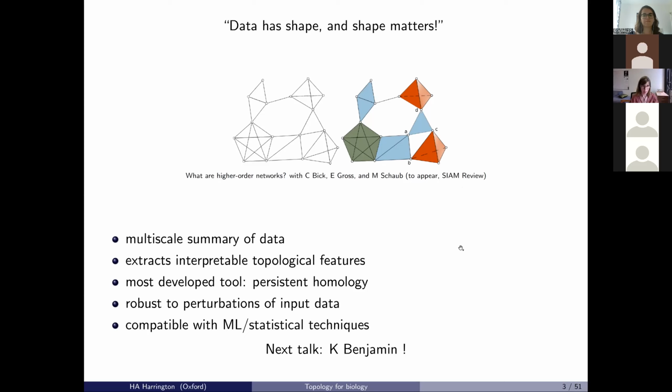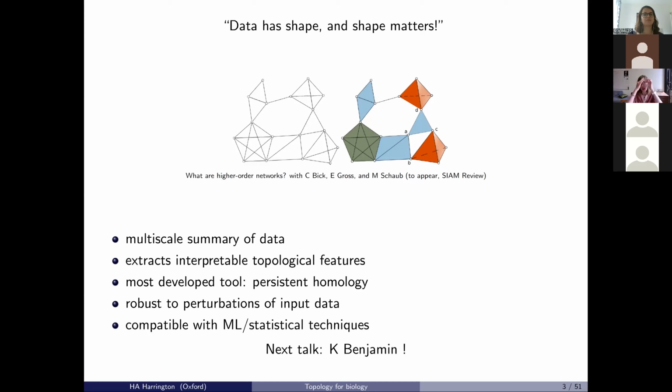Today's talk, I'm going to basically advertise the next talk: please go to Catherine Benjamin's talk, which is an introduction to one parameter persistent homology. I think one of the strengths of computational topology is that it's a multi-scale summary of data, and we can extract features of this data via topological invariants.